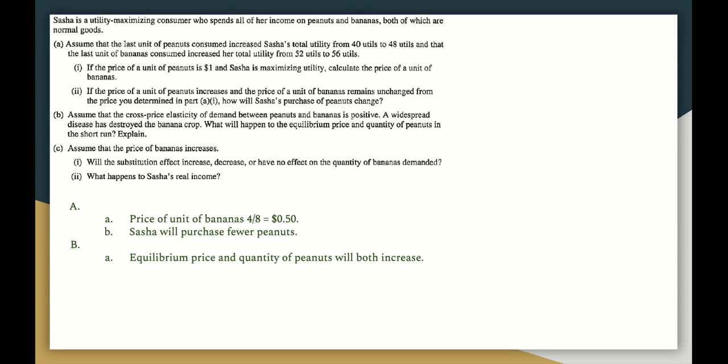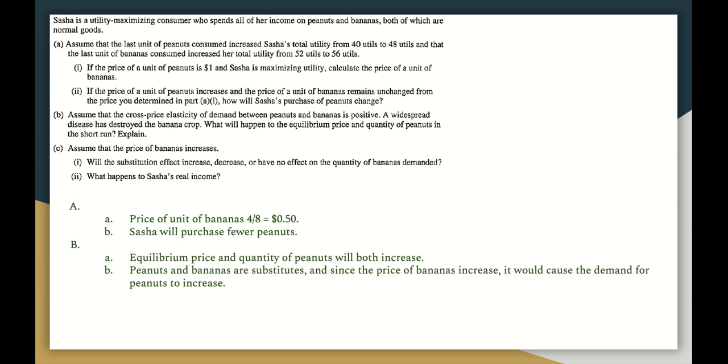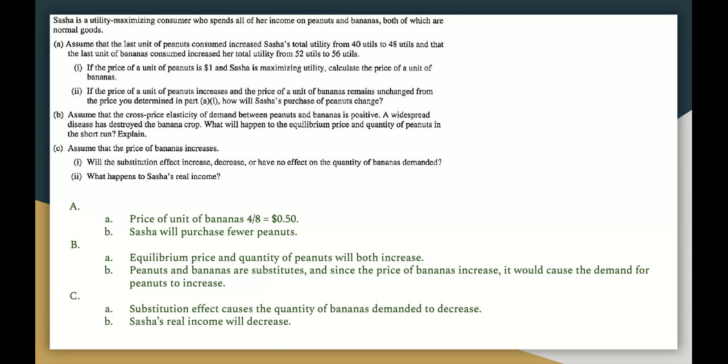In this question, they're positive, which represents that they are substitutes. Now, last part, assume that the price of bananas increases. Will the substitution effect increase, decrease, or have no effect on the quantity of bananas demanded? What we need to say there is the substitution effect causes the quantity of bananas demanded to decrease. And if you take a look at Sasha's real income, her real income will decrease.